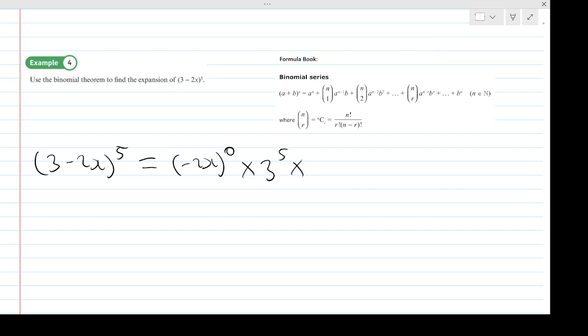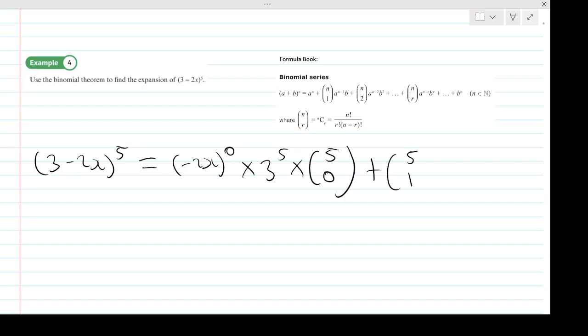And then we also have the coefficient part, which is n choose r. Well, n is 5 here, the power, and r is the power of x, which would then be 0. We could work that out, but let me do all the terms first. The next term is going to have a coefficient of 5 choose 1.